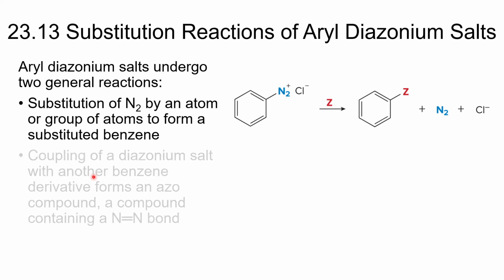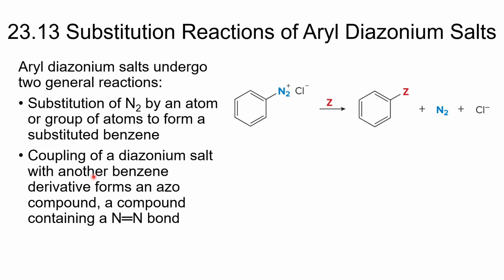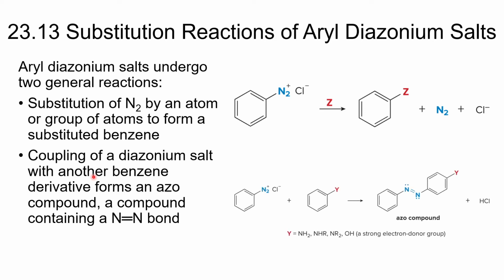In a later section, we're going to talk about a coupling reaction that can occur between the diazonium salt and another benzene, and it helps if that other benzene has a very strong electron donating group, like an aniline or aniline derivative, or a hydroxy group, or a methoxy group, or alkoxy group. We can get this kind of azo compound.